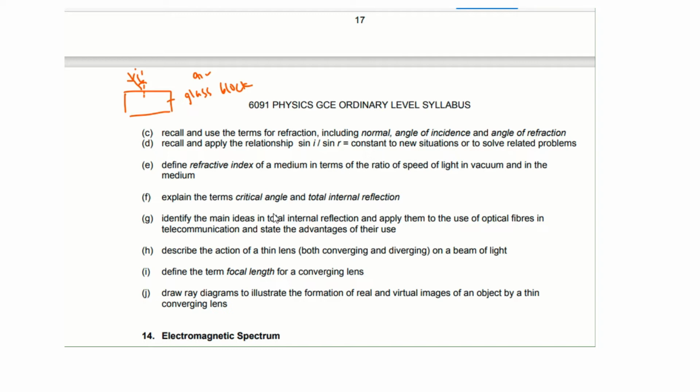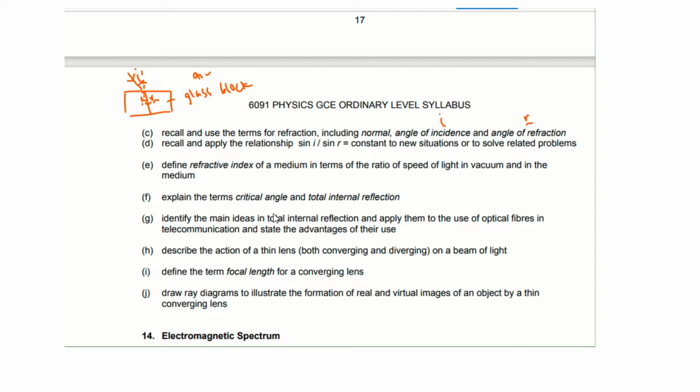So when it moves from air, which is less dense, to glass, which is denser, the light rays will bend towards the normal. Okay, so this will be R. And this R here is the angle of refraction.